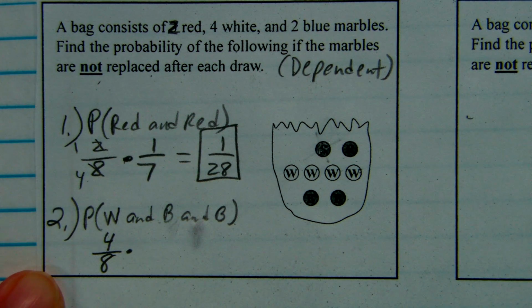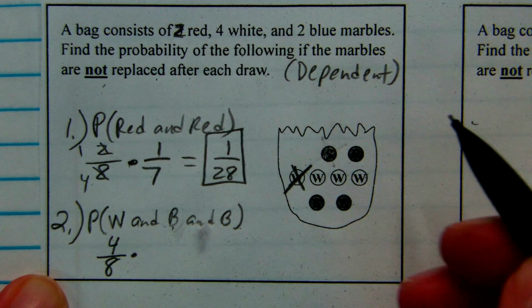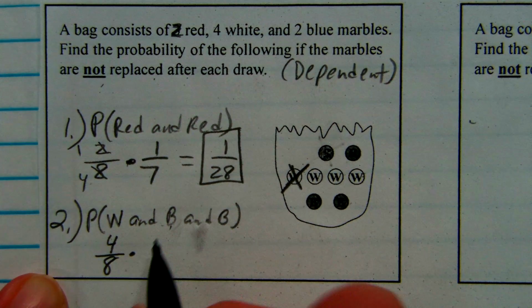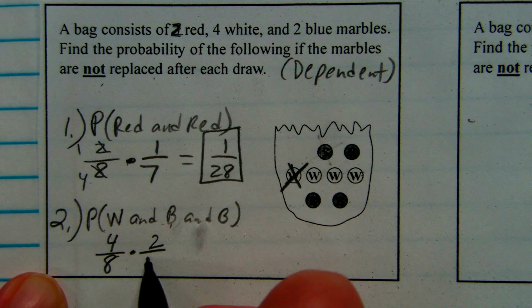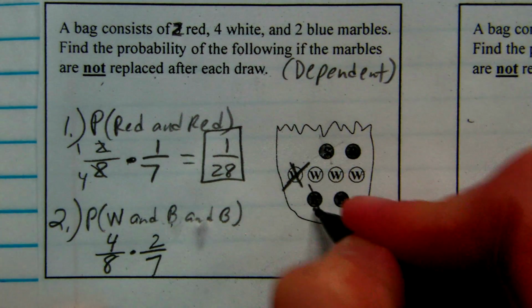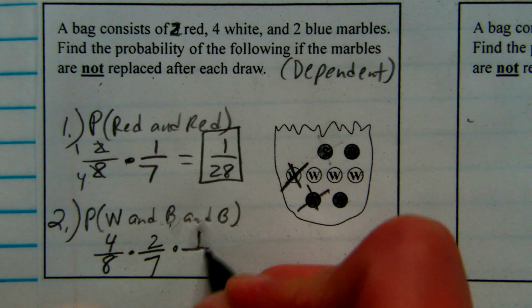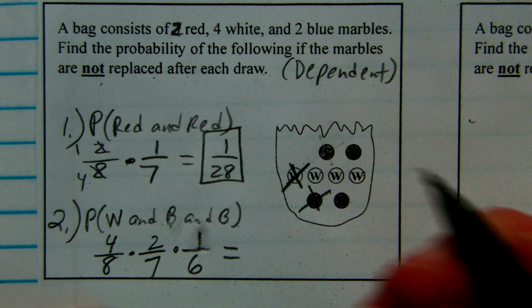And then if I'm not replacing that, so I took out a white, I still have 2 blues down there, but now I only have 7 marbles. And then if I took that blue out and did another blue, now there's only 1 blue left and 6 marbles. Does that make sense?